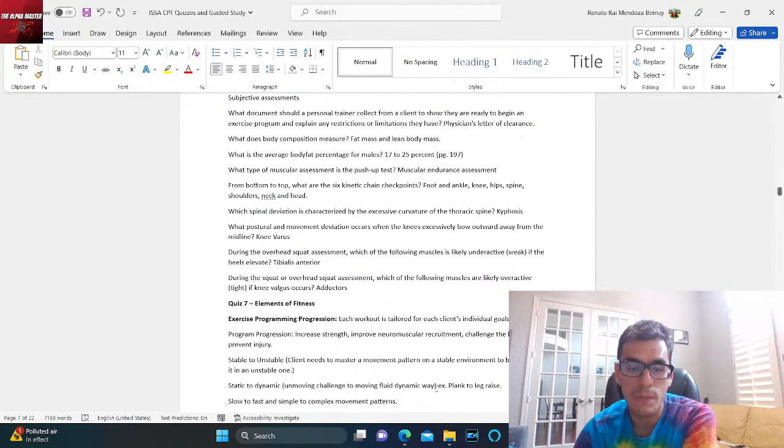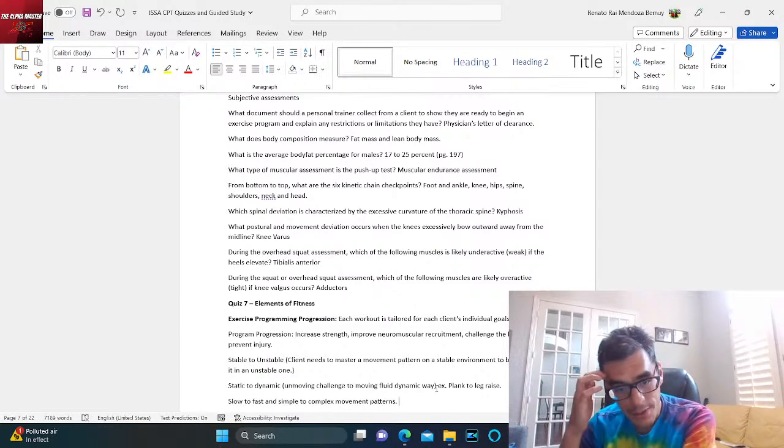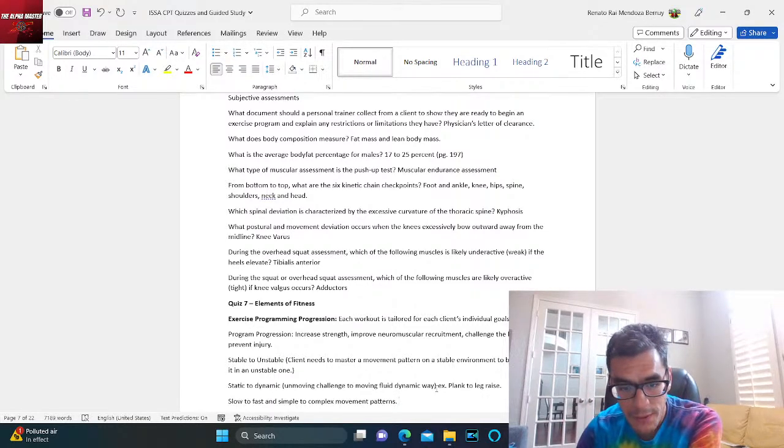Slow to fast, and simple to complex movement patterns.